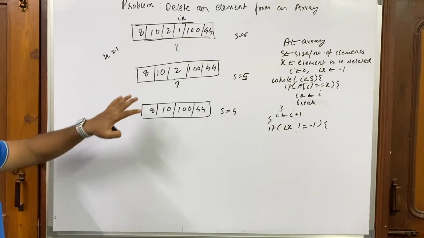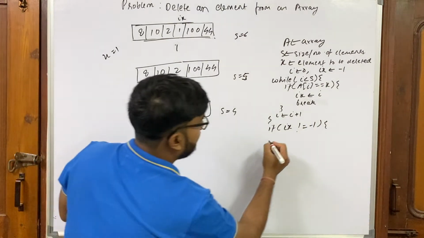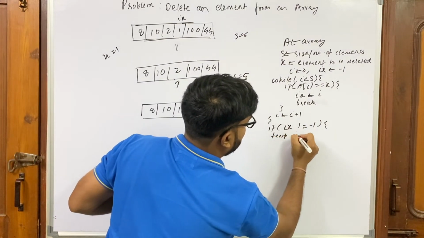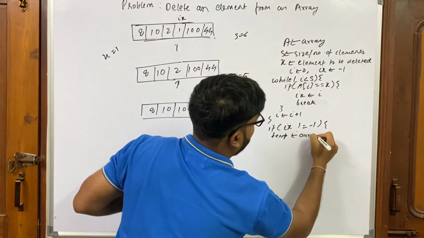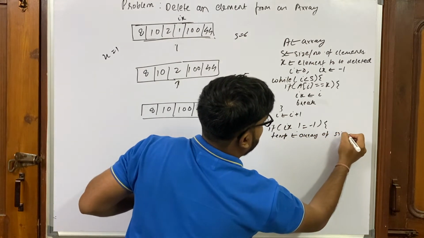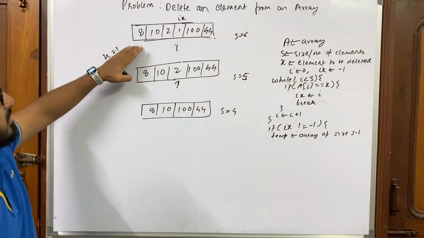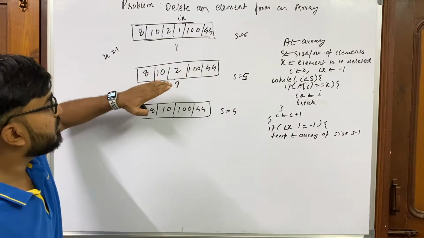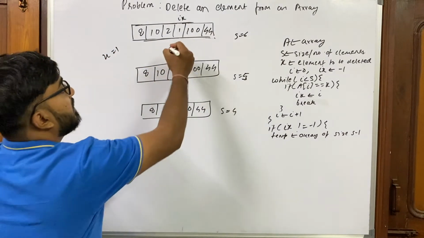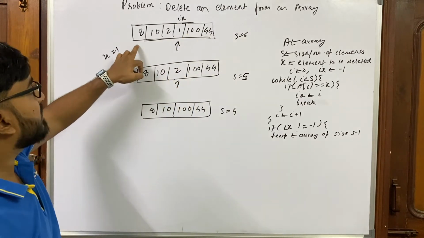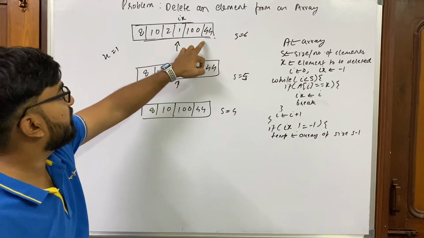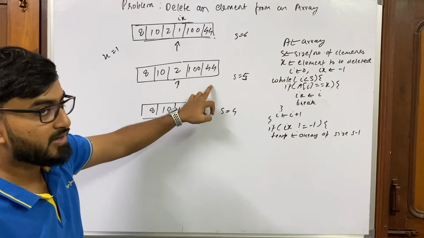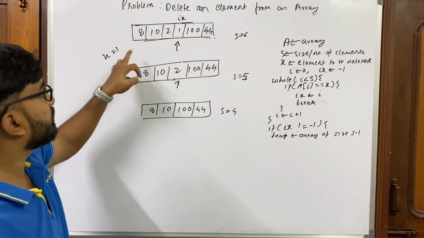So the first thing we have to do is create a fresh array. I'll say temp arr, an array of size s-1. And then you have to copy all the elements from this previous array into the fresh array except the one that you are deleting. So in this case, 8, 10, 2, 144 are copied into this fresh array except 1, which is X, to be deleted.